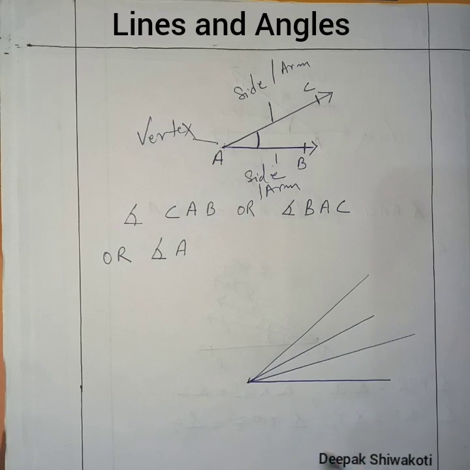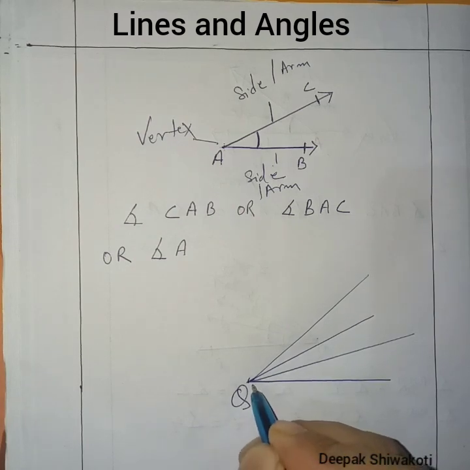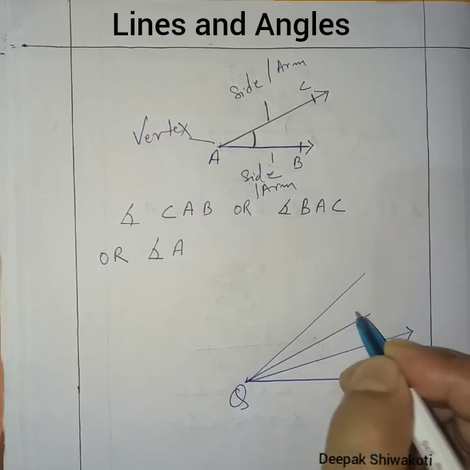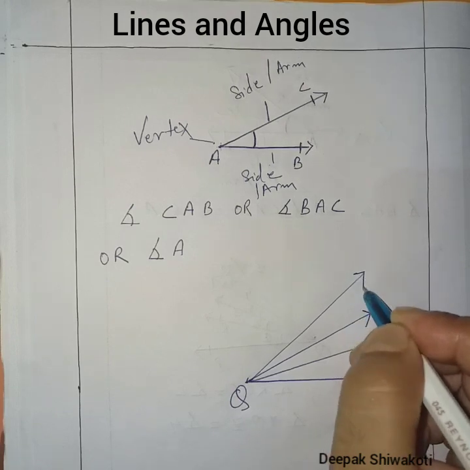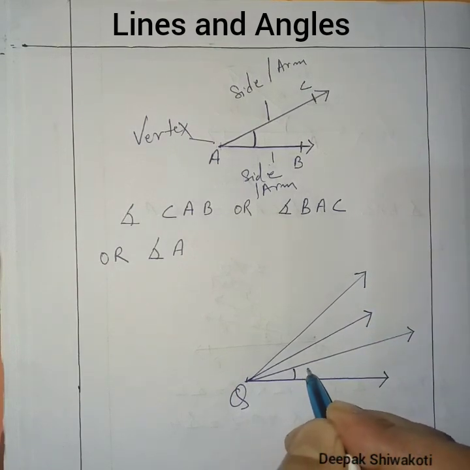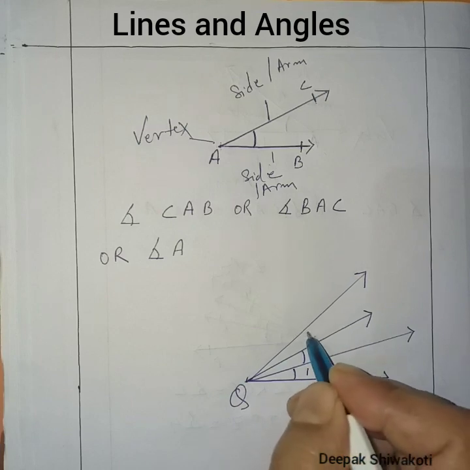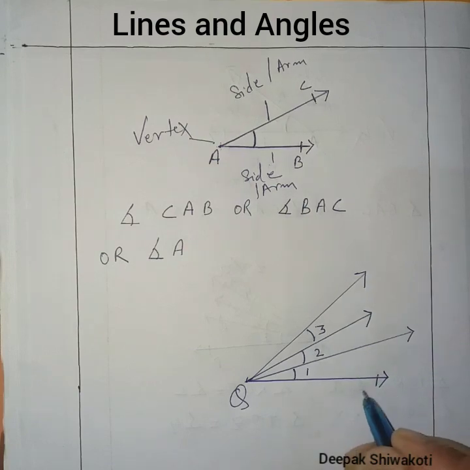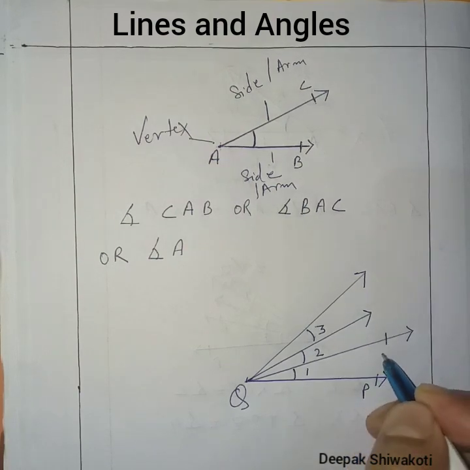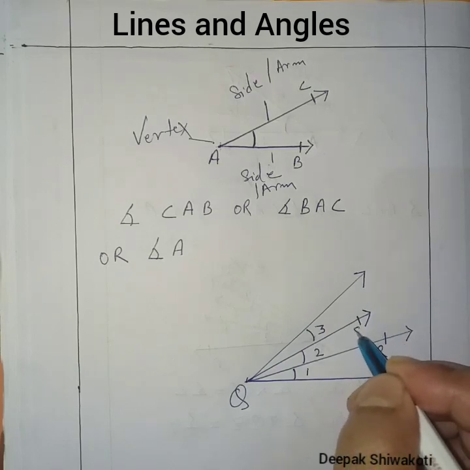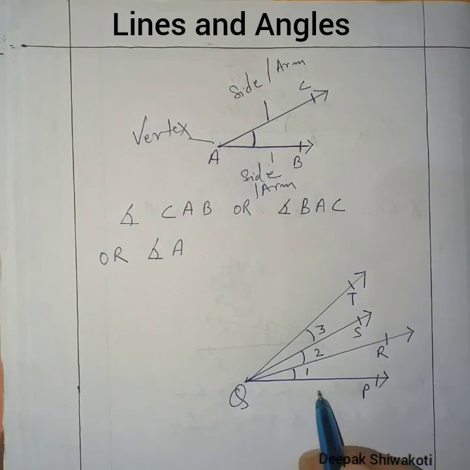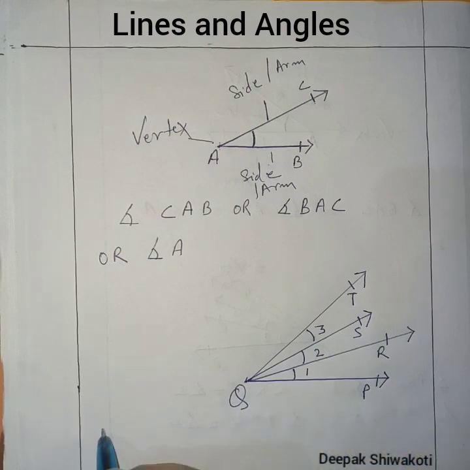Suppose Q is the initial common point for these rays, and suppose this is 1, this is 2, and this is 3, and the names of the rays are QP, QR, QS, and QT.